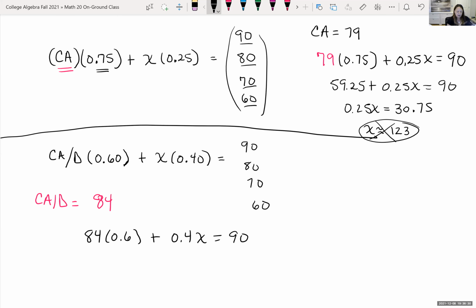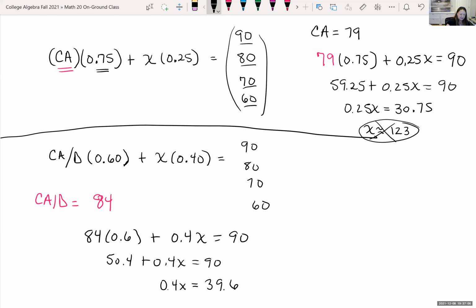84 times 0.6, that's 50.4, plus 0.4x equals 90. So subtract 50.4 on both sides. So we have 0.4x equals 39.6, and divide by 0.4.